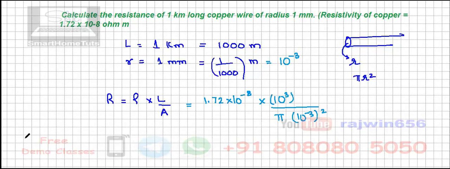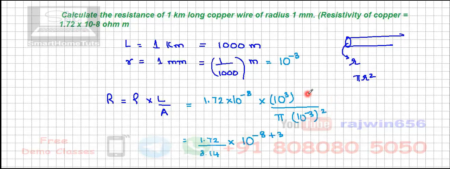I'll just do the calculations. This is equal to 1.72, this is 3.14. All the index powers together I will take. 10 raised to minus 8. This is 10 raised to 3, so plus 3. 10 raised to minus 3 square is going to become 10 raised to minus 6.